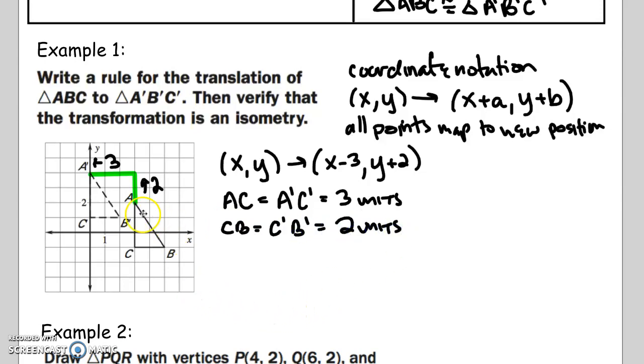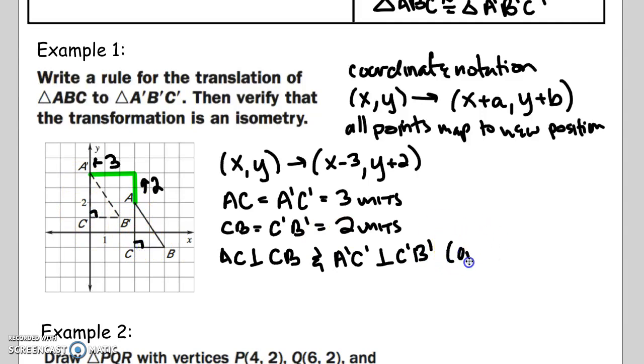And I can find AB for both by doing the distance formula, but I'm just going to go ahead and use SAS because I can see that AC is perpendicular to CB and A prime C prime is perpendicular to C prime B prime, because yes, they have opposite reciprocal slopes at those points right there.